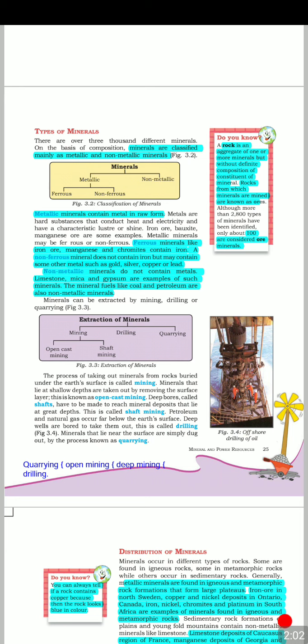Now these metallic minerals are again divided into two parts: one which has iron, then ferrous, and one which doesn't, which is non-ferrous metallic minerals. The examples of the non-ferrous metallic minerals are gold, copper, silver, lead, right? And ferrous minerals are like iron ore, manganese, chromites, which contain iron, right?